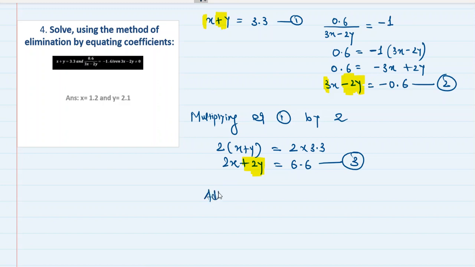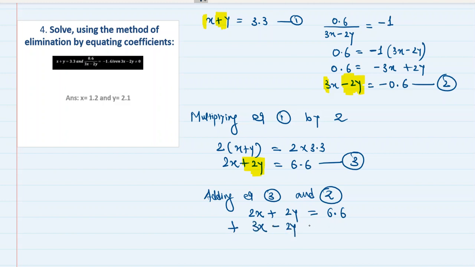So adding equation 3 and 2, what do we get? 2x plus 2y is equal to 6.6 plus 3x minus 2y is equal to minus 0.6.